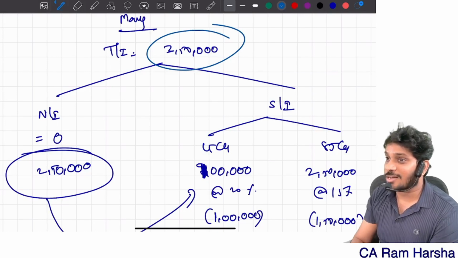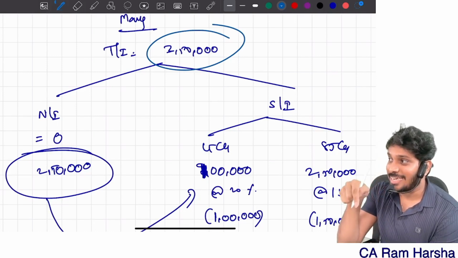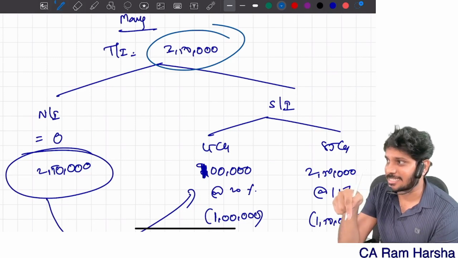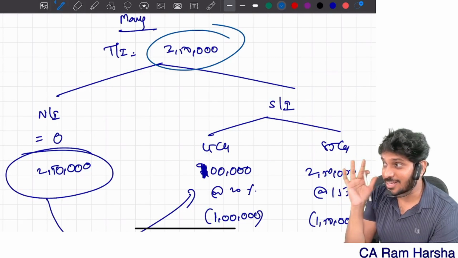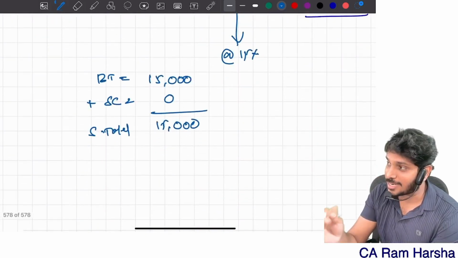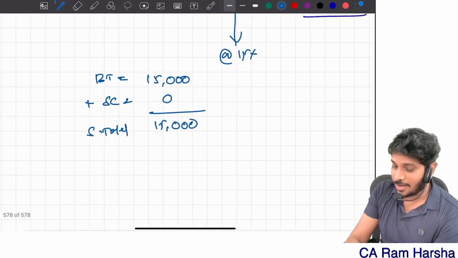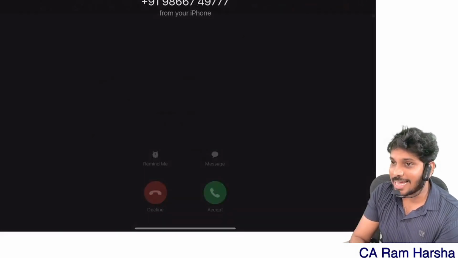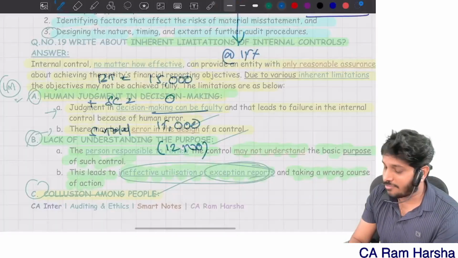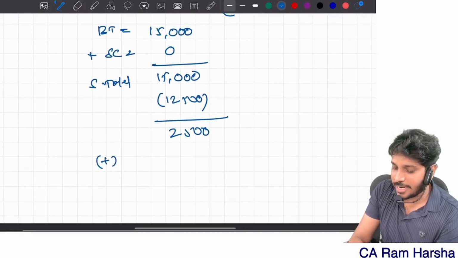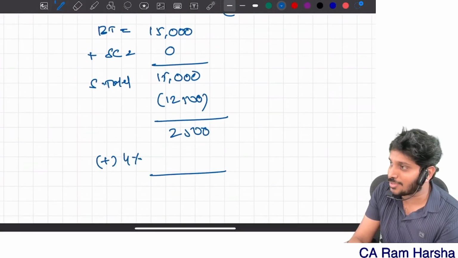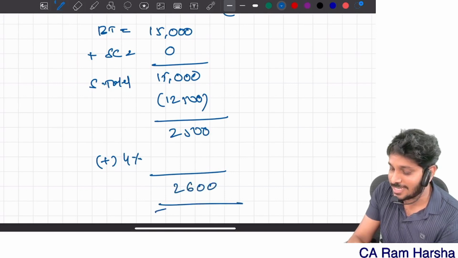Remember, rebate will not come under 112A income. Here she has 111A, 112A is not there, so don't worry. If at all 112A tax is there, you will not claim rebate to that extent. Now maximum rebate, optional tax regime 12,500. Yes or no? So balance tax is what? 2,500 plus 4% is equal to 2,600.